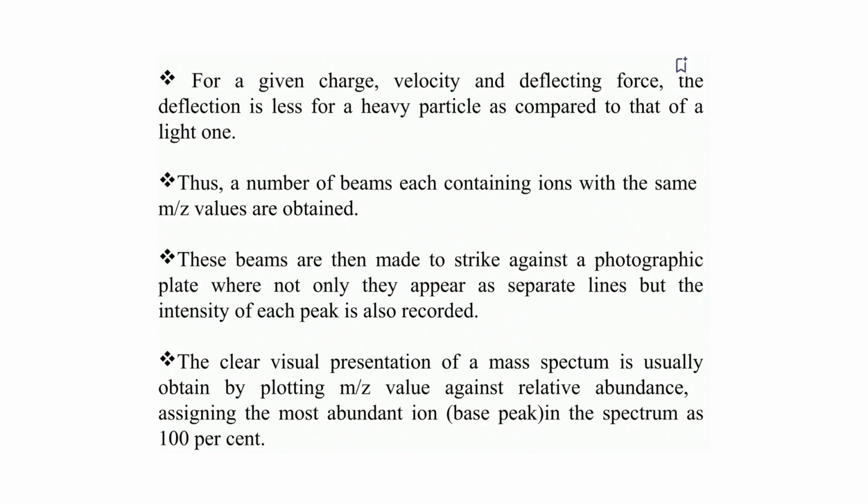Thus a number of beams, each containing ions with the same m/z values, are obtained, and the beams are then made to strike against a photographic plate where they not only appear as separate lines, but the intensity of each peak as a result of the bombardment is recorded. The clear visual presentation of a mass spectrum is usually obtained by plotting m/z values against the relative abundance, assigning the most abundant ion in the spectrum as 100%. That is the base peak.